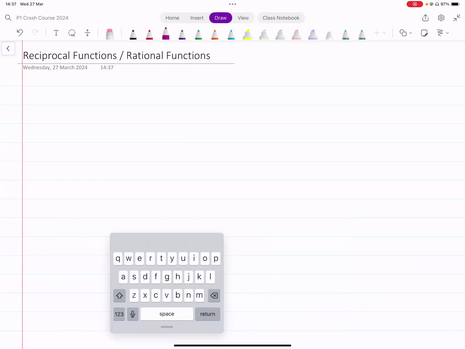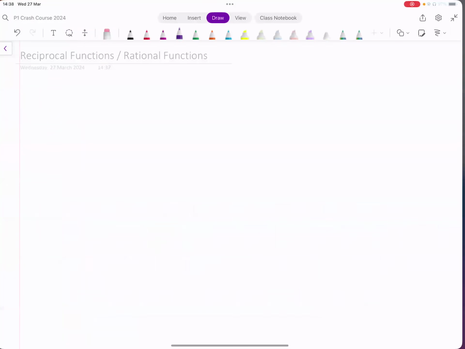Basically, these are functions that have some x term in the denominator. All right. So these are functions that have some expression in terms of x in the denominator, right? That's what these functions are. Let me write that down.